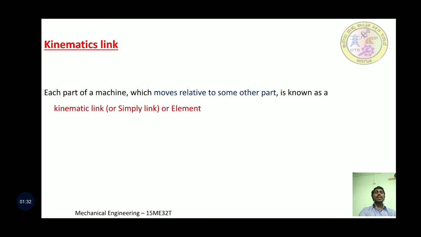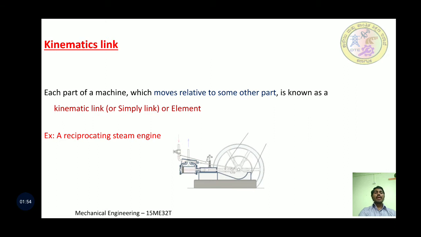Each part of a machine which moves relative to some other part is known as kinematic link, or simply link or element. Example, reciprocating steam engine. The diagram shows a reciprocating steam engine.